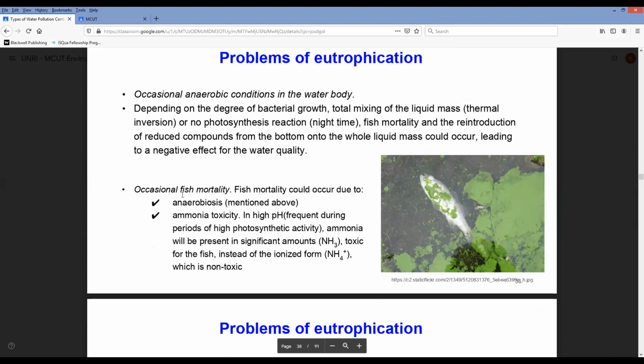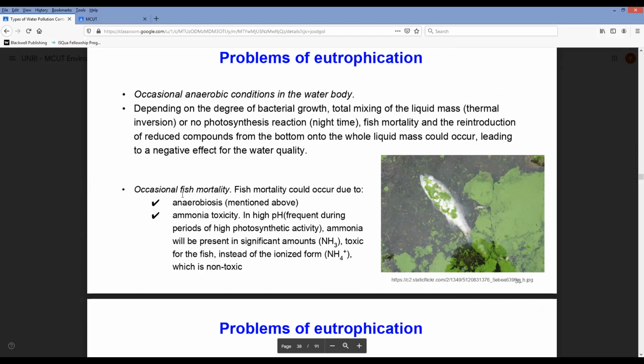And then occasional anaerobic conditions in the water body may occur, depending on the degree of bacteria growth, total mixing of the liquid mass, or photosynthesis reaction, fish die-off, and also reintroduction of reduced compounds from the bottom onto the whole liquid mass, leading to a negative effect on the water quality.